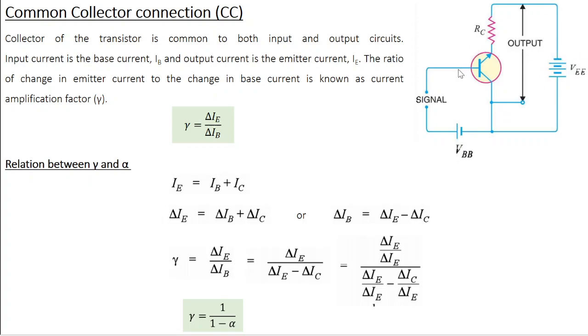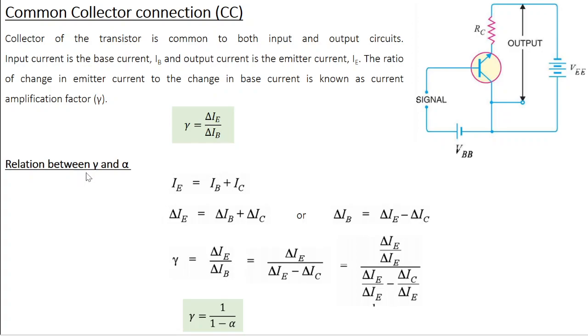So here you can see the input current is the base current, output current is the emitter current. So the current amplification factor gamma is defined as the ratio of change in emitter current to the change in base current, gamma equal to delta IE divided by delta IB.